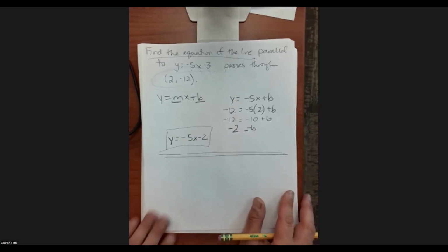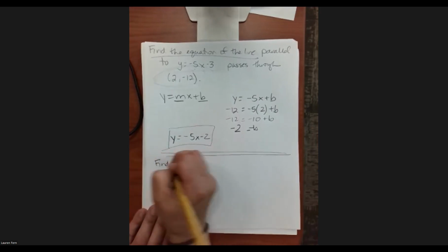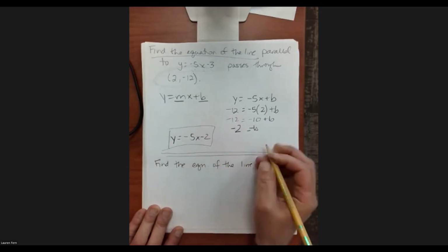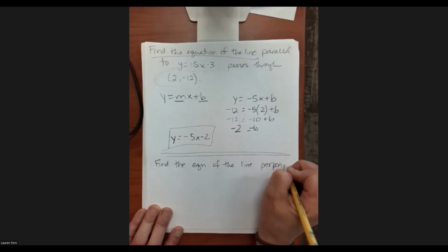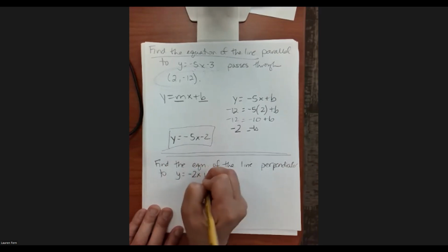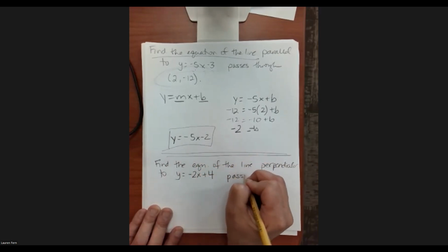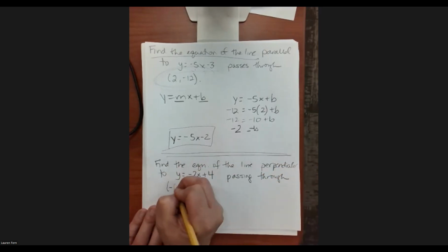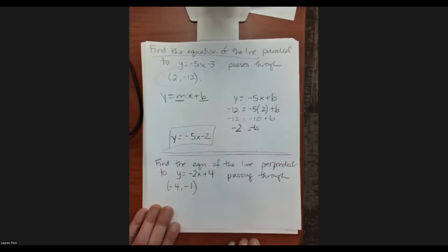All right, one more for the day. What if I want us to find the equation of the line perpendicular to y equals -2x plus 4, passing through the ordered pair (-4, -1)? Do you want a couple minutes to do it on your own and then we'll do it together? Okay.